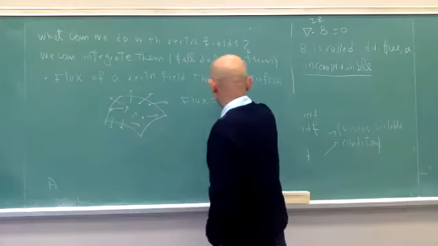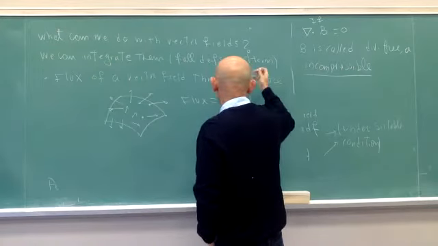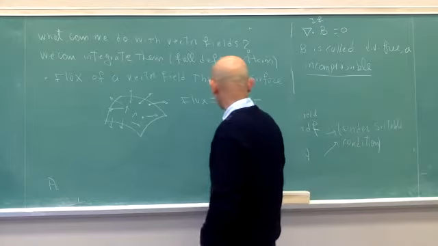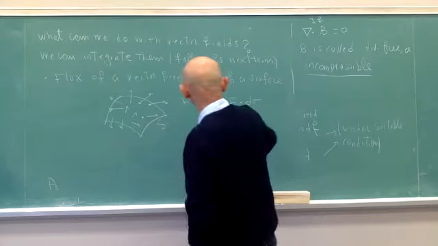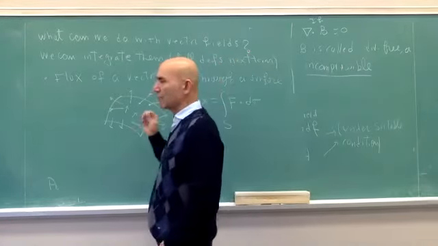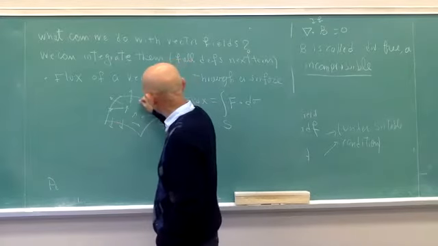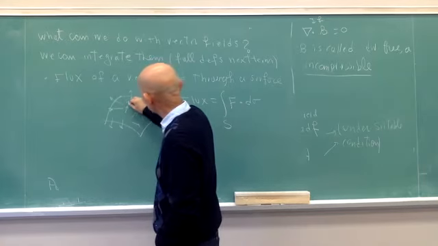So the flux of this vector field along this surface is denoted by the integral of F dot d sigma over the surface S. You just look at this point. There is some small area here, some small area here.